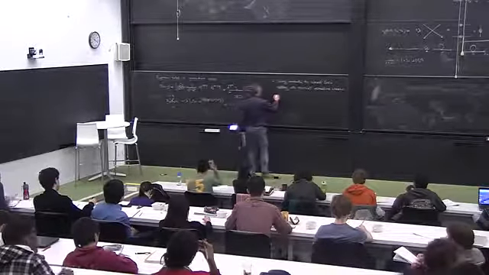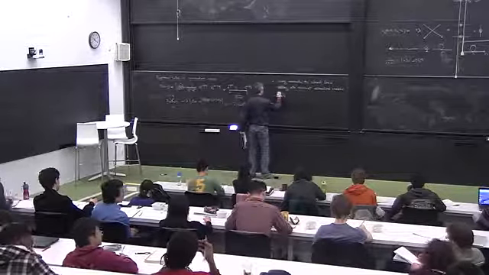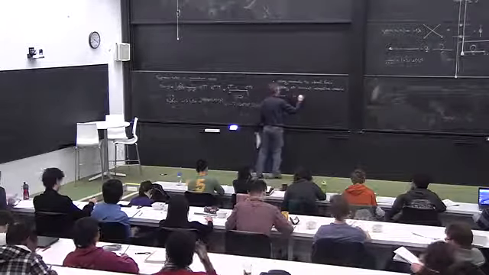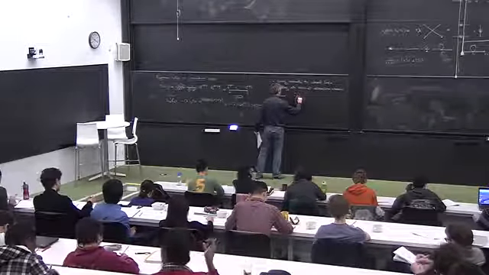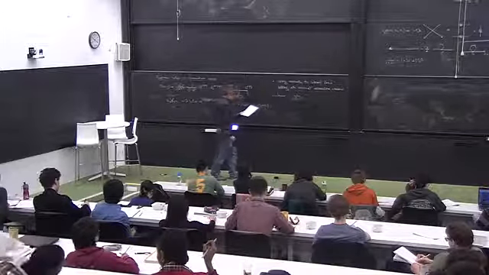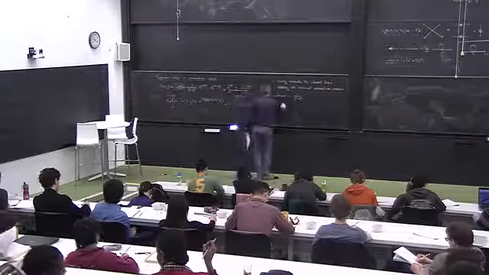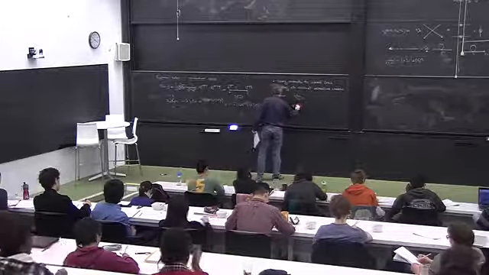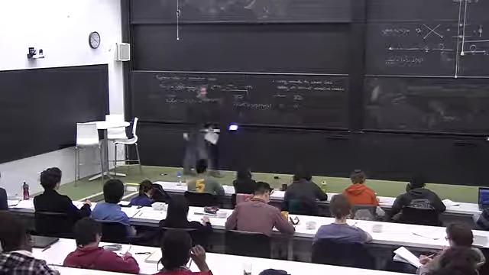Then each propagator gives a factor of i divided by p squared minus m squared, and each vertex just gives a factor of minus i lambda.